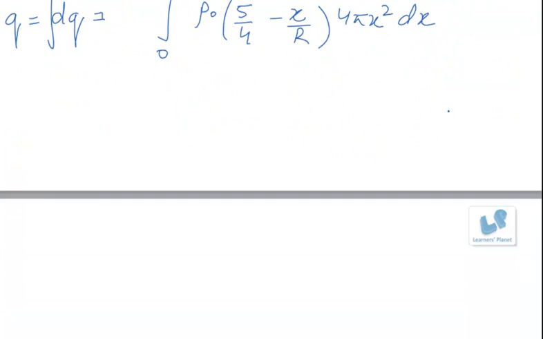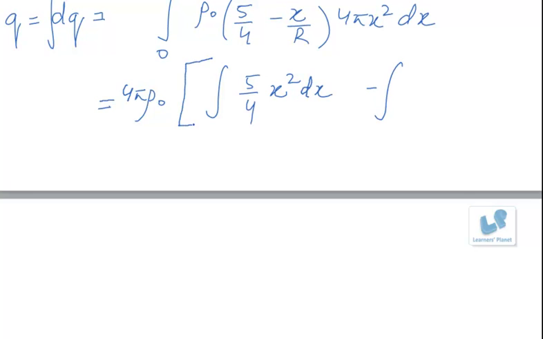If you integrate this, rho naught is common, it will come out. 4 pi is also common. Now we have the integral of 5/4 x square dx minus the integral of x cube by R dx with limits 0 to small r.